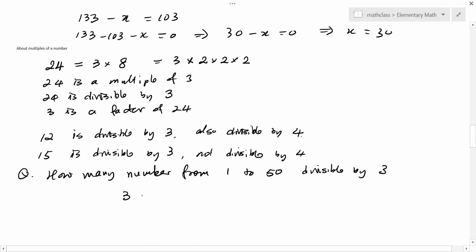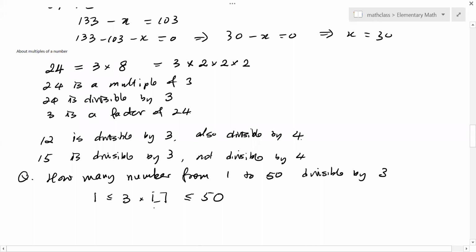A multiple of 3 is 3 times some number, right? This is between 1 and 50. So my question is, what is the largest number you can get here for this unknown factor? So you have 50 divided by 3, which is going to be 16.66.